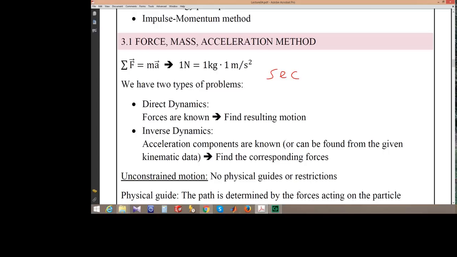You want to generate a certain motion, and for that motion you want to figure out what kind of forces you should apply to your system, rigid body, or the particle in this case. And by finding out these forces, then you are able to select the actuation system, which could be an electrical motor, for example.